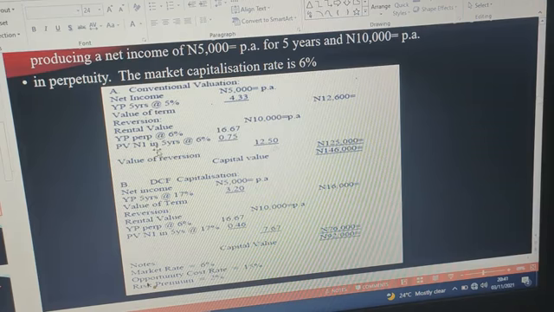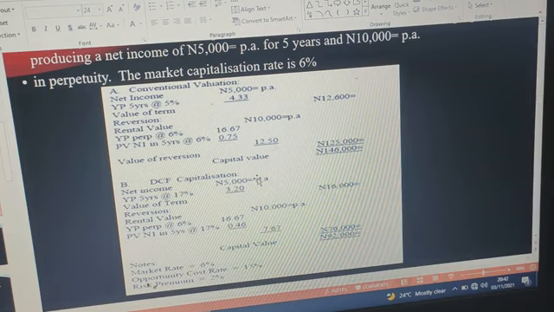PV N1 in 5 years at 6%, 0.75. 12.50. Value of reversion N125,000. Capital value N146,000.